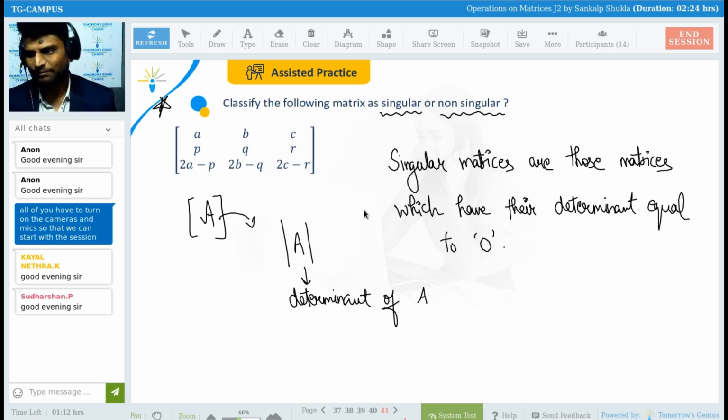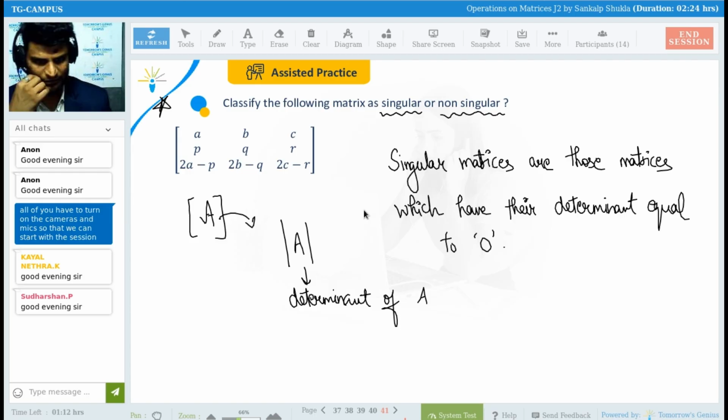Now, my question: how many of you are able to find the determinant of a matrix? Okay, Sagamurugan, you know, Shrutika, you know, Sudarshan, you know. Fine. So the rest of the people don't know?